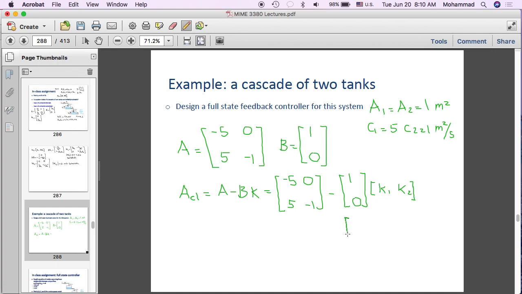If you carry out this multiplication, this has 2 rows, 2 columns.